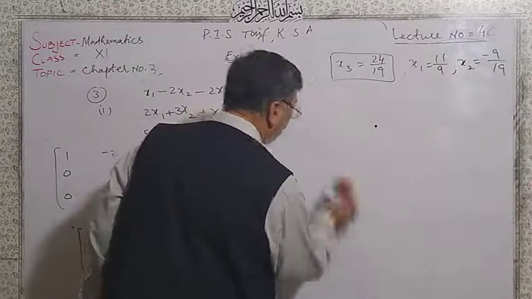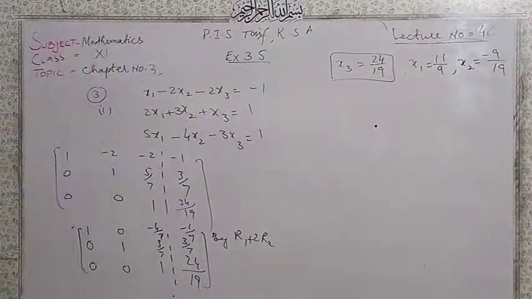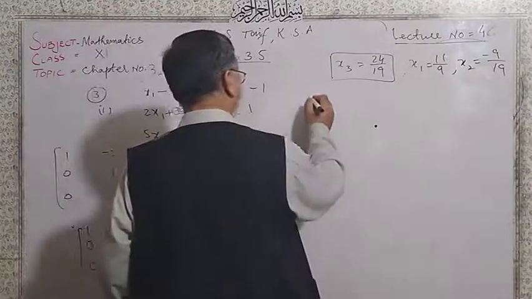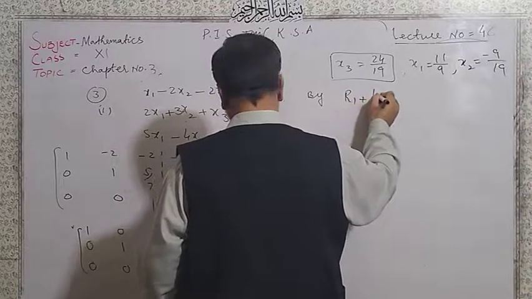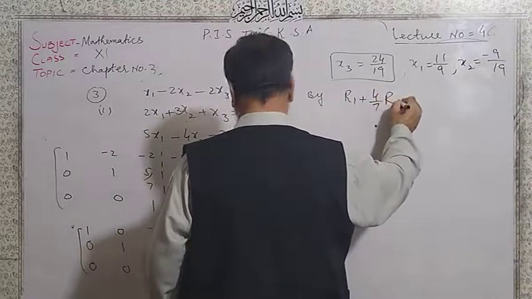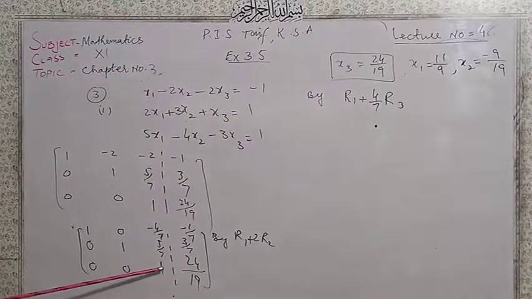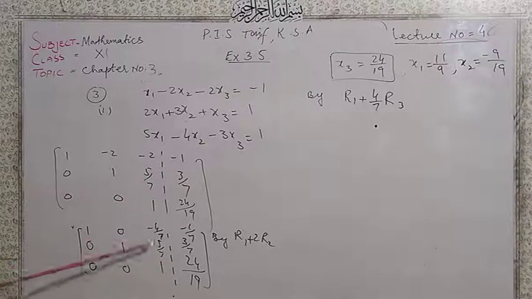So remember that we must have these answers. They are already there from the echelon form. Here, R1 plus 4 over 7 R3. This R3 is multiplied by plus 4 over 7 and then added in R1.